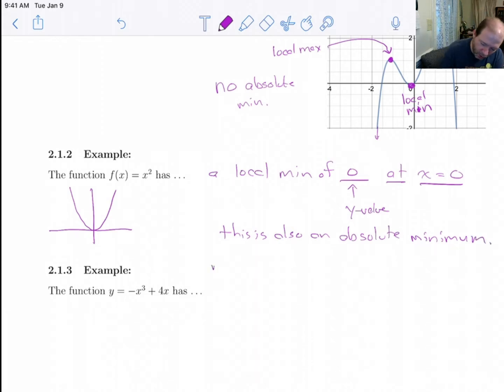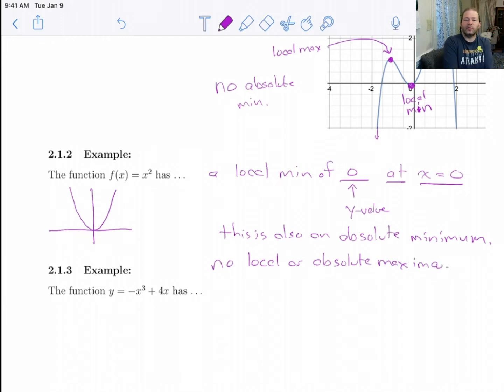And this thing has no local or absolute maxes. I guess the correct way to say it would be no local or absolute maxima for the plural.